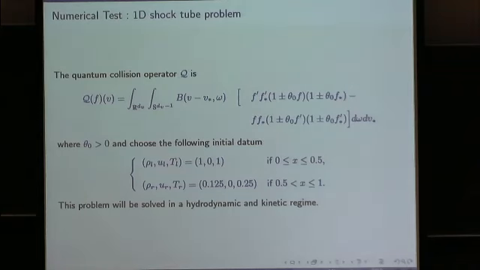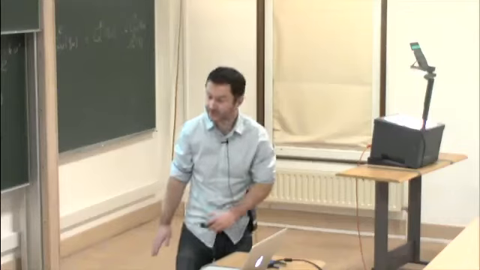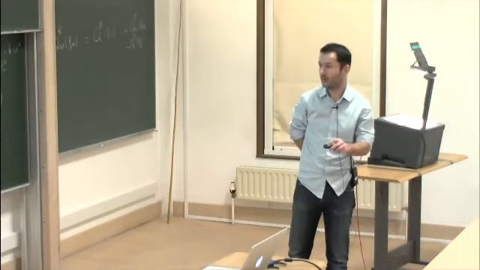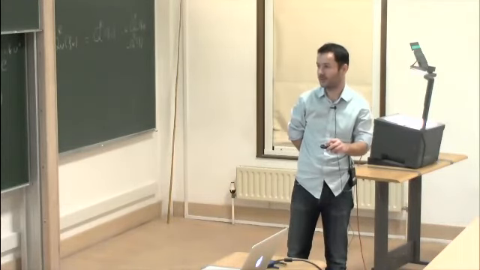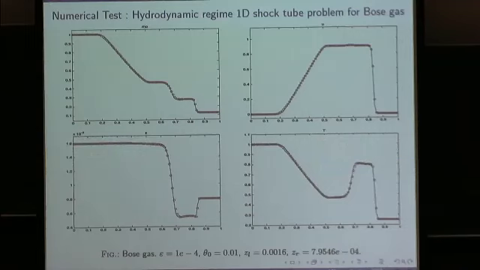So I consider this very classical shock tube problem with these initial data, and I compute the macroscopic quantities first for small values of epsilon, where we are in the hydrodynamic regime, and for a small value of theta 0, which means that we are close to the classical regime here. So here we plot at a given time the density rho, the mean velocity u.